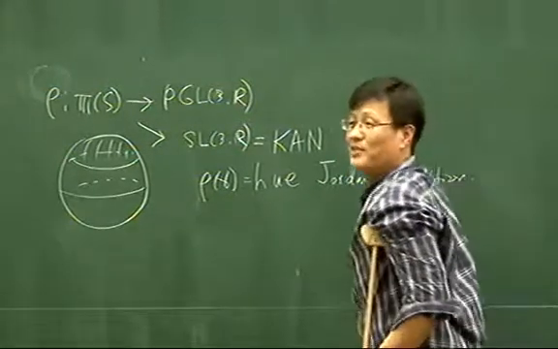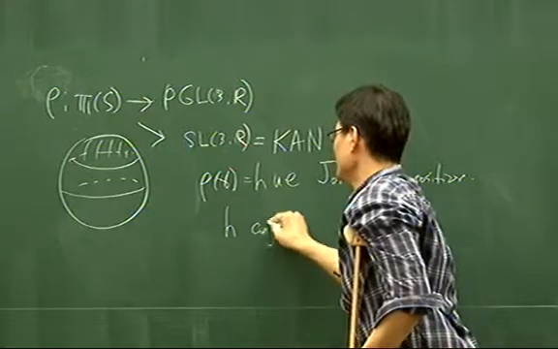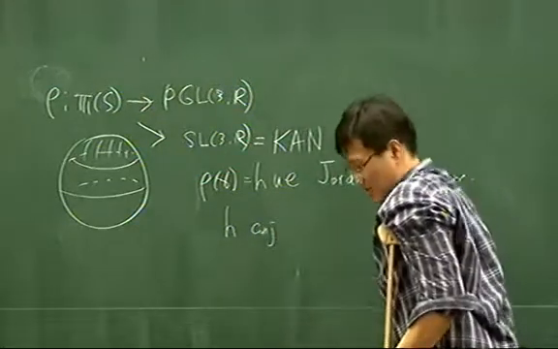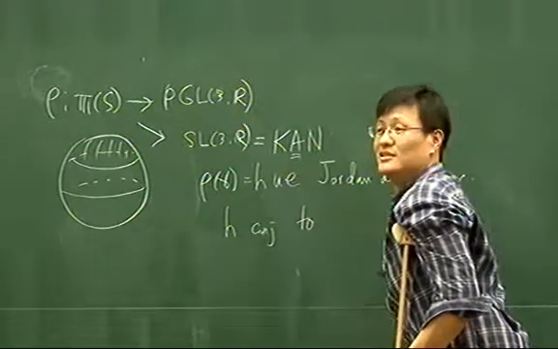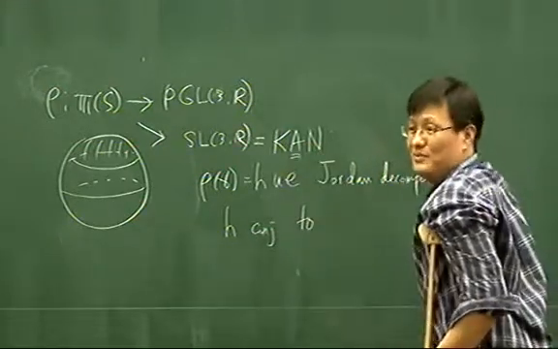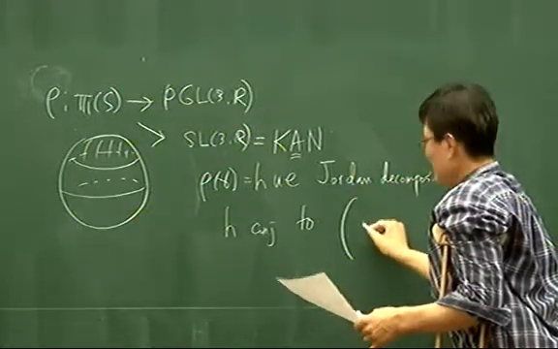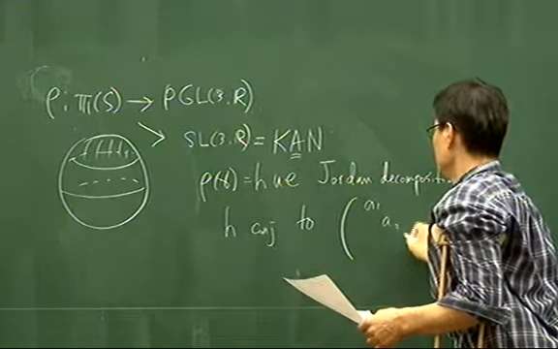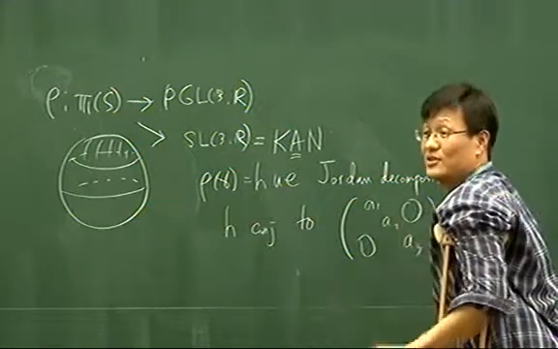And this hyperbolic part is conjugate to the A part of the standard Iwasawa decomposition, for example, like this: A1, A2, A3, some diagonal matrix. Okay.